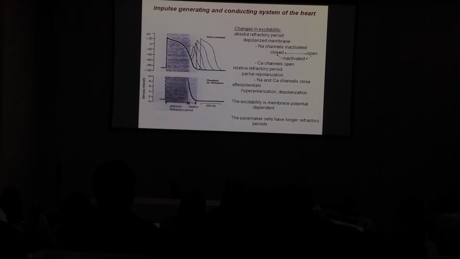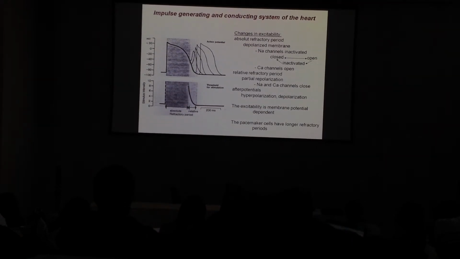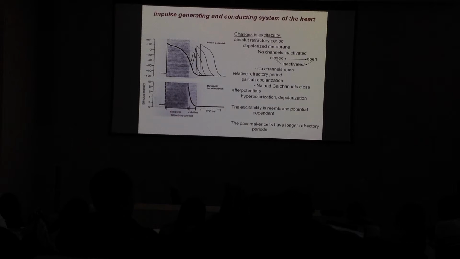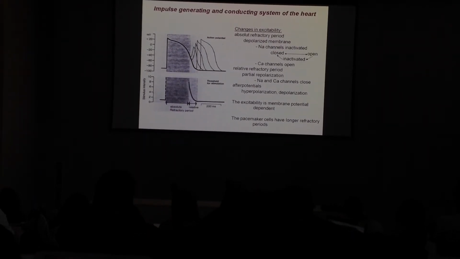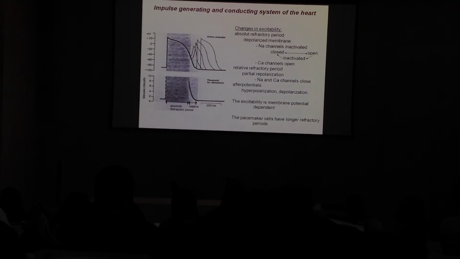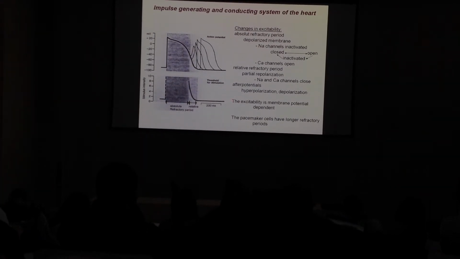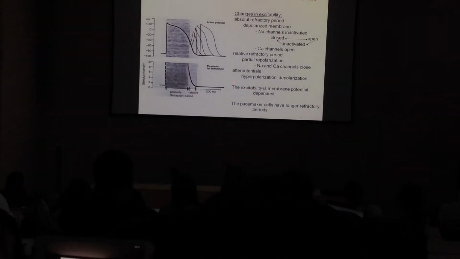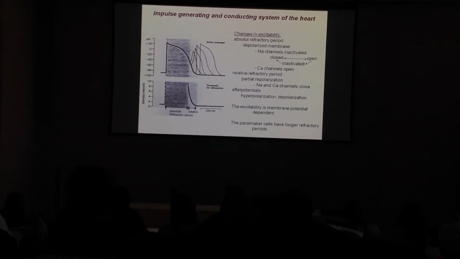If the membrane is depolarized, the membrane is inexcitable, the sodium channels are inactivated, they cannot open again. If we repolarize the membrane, excitability will appear again. And this is the reason why we can say that excitability is a voltage-dependent process.